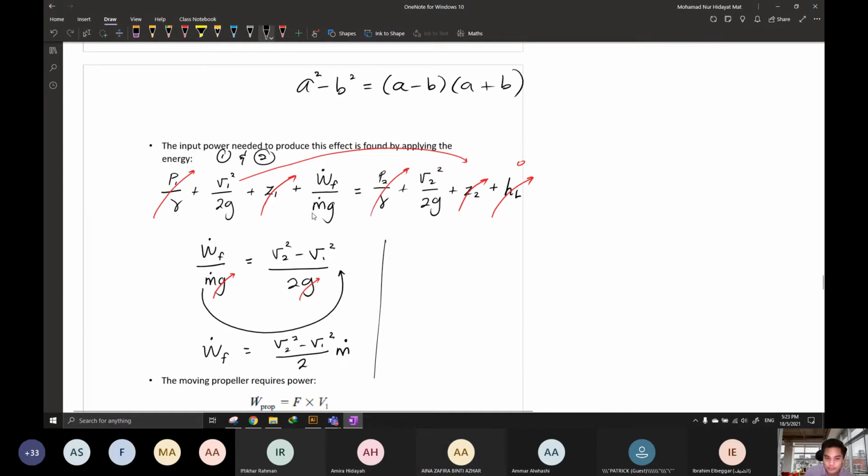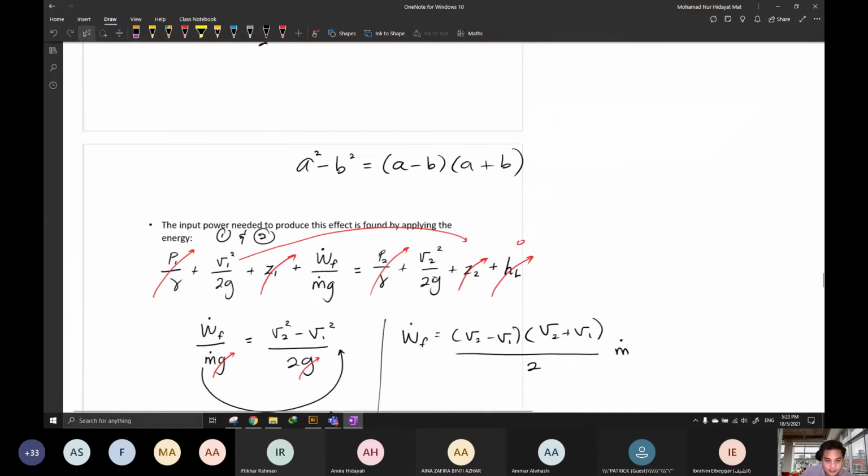So we know that this is the concept of factorization. A squared minus B squared is A minus B, A plus B. So I want to expand this V2 squared minus V1 squared. From here, I can expand W dot fluid equal to V2 minus V1, V2 plus V1 over 2 multiplied with mass flow rate.